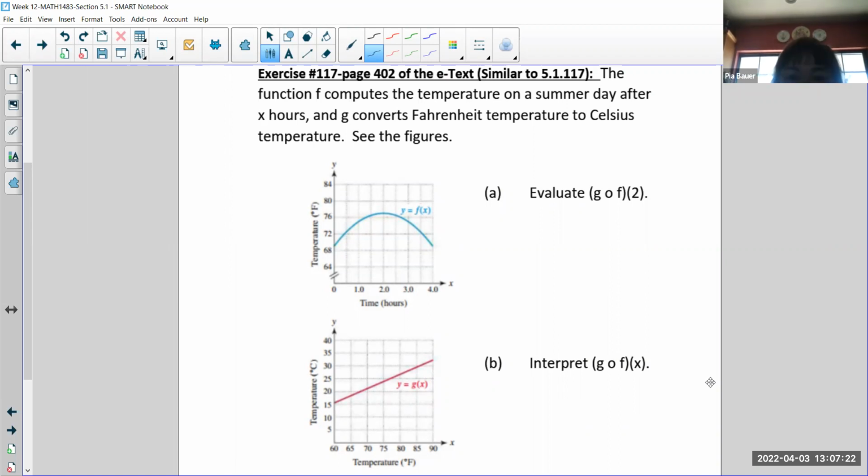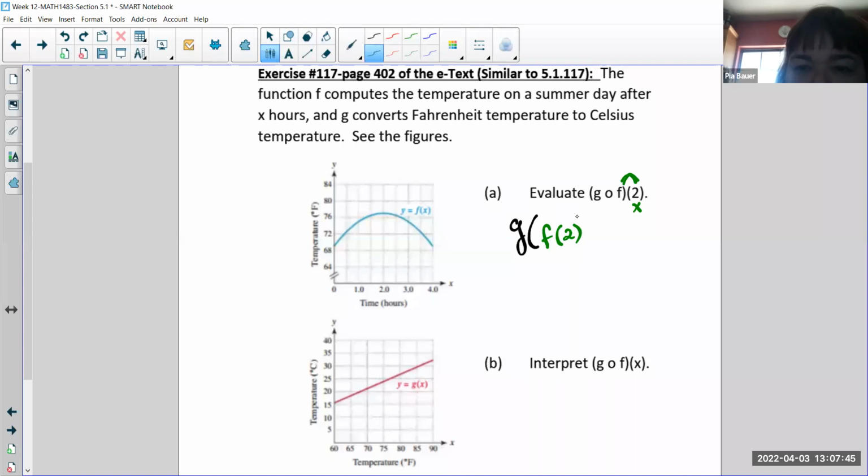And okay, so now we're going to evaluate based on the graphs. And remember that in the composition, what is closer to the X is what is evaluated first. So I have G of F of 2. So to find that F of 2, I go to the graph of 2. Remember, this is your X. So I look at X equals 2.